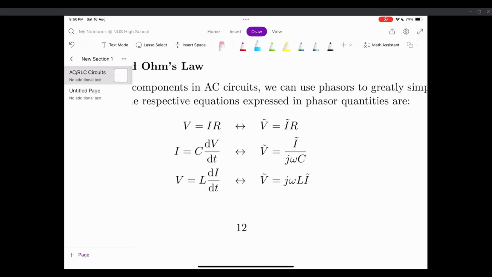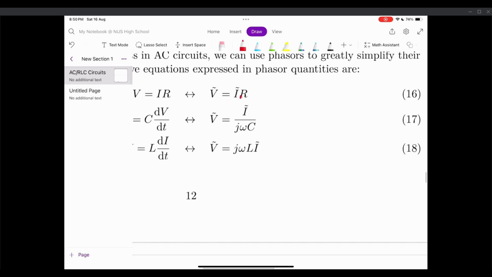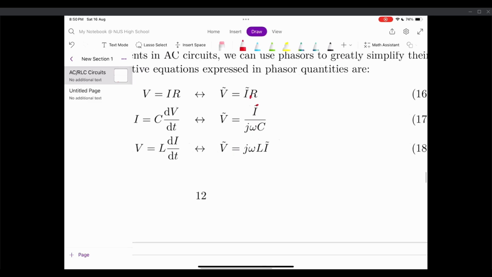And the one thing you need to know is that these values are actually proportional to each other.